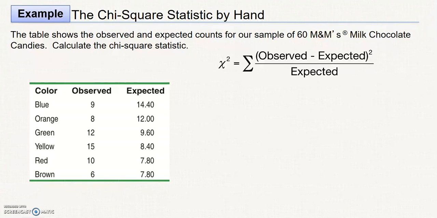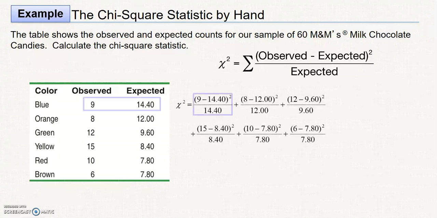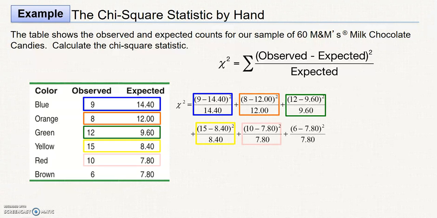Let's first calculate our test statistic by hand. The table shows the observed and expected counts for our sample. Let's use our formula. Notice we have our observed blue, which is 9, minus our expected, 14.4. Square it, divide by expected, plus, now we will do orange.